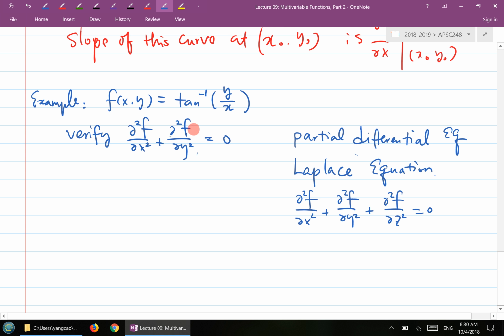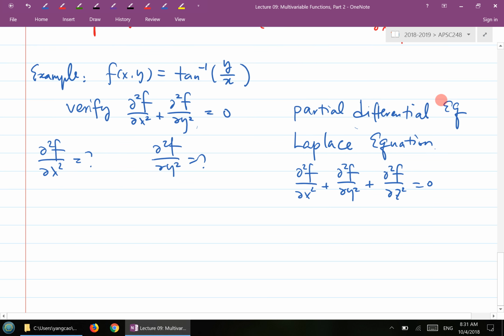Verifying basically means you look at this one here. I'm going to calculate what this second order partial derivative is, and what this one is, after substituting the solution into this expression. Both of them are second order, so you have to calculate what partial f over partial x is, and then what partial f over partial y is.